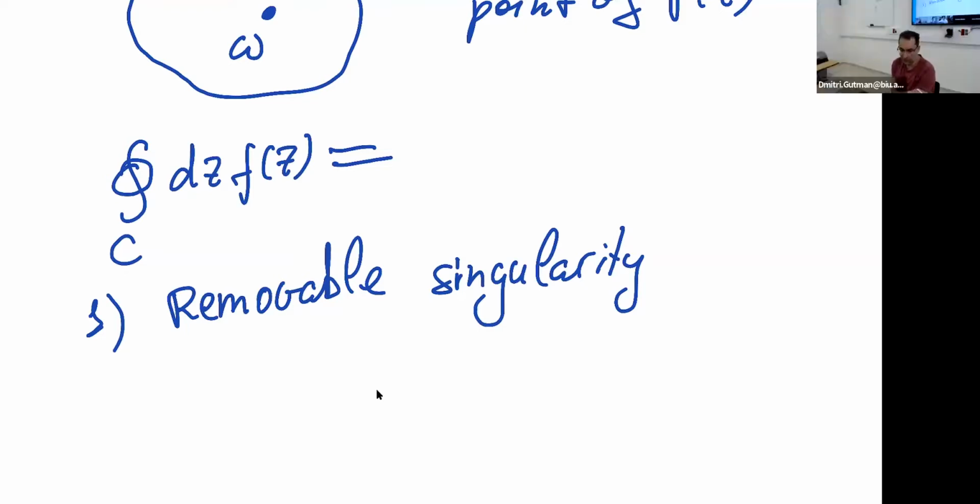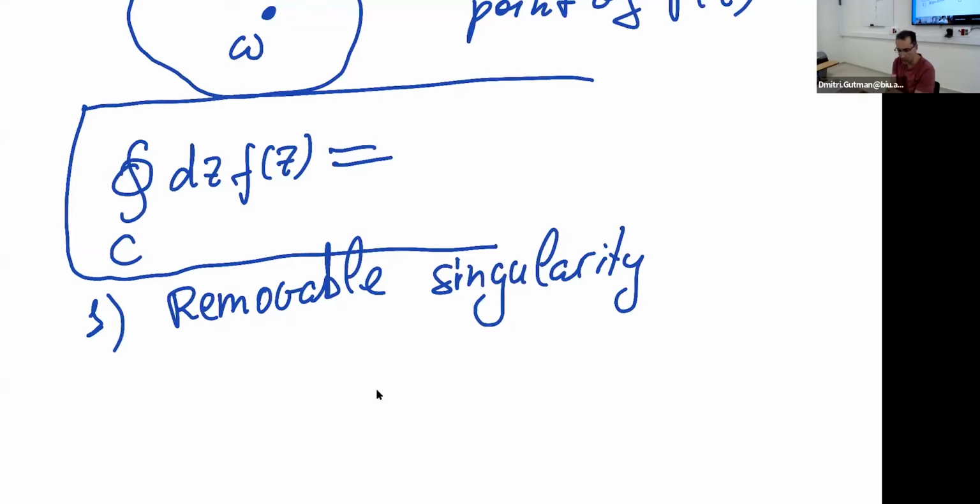So what is the answer? What would be the answer? What was the question again? What is the value of this integral if W is a removable singularity? Just simply f of 0 because it's zero.